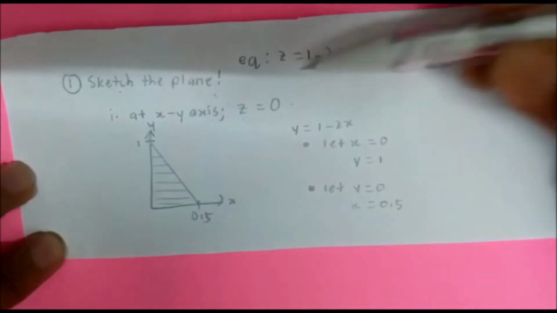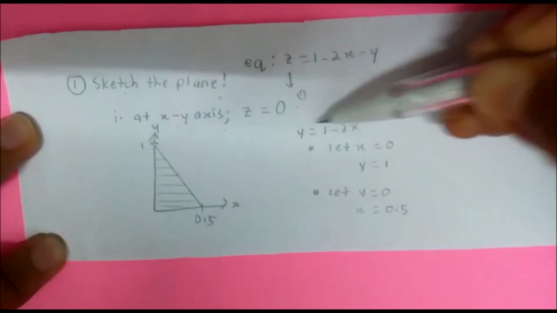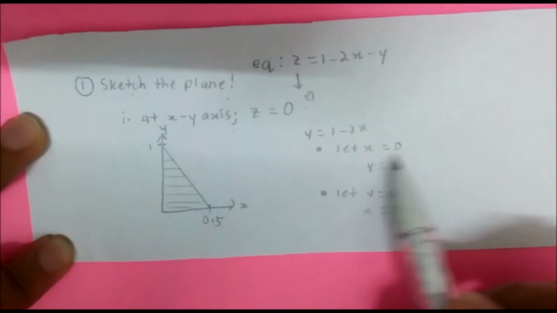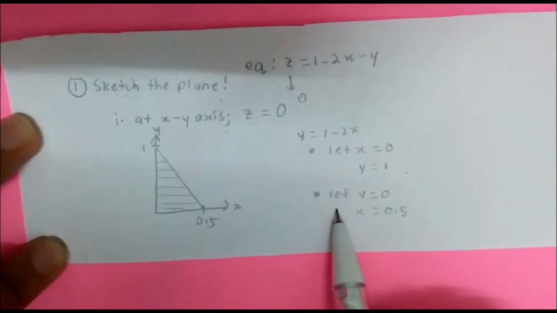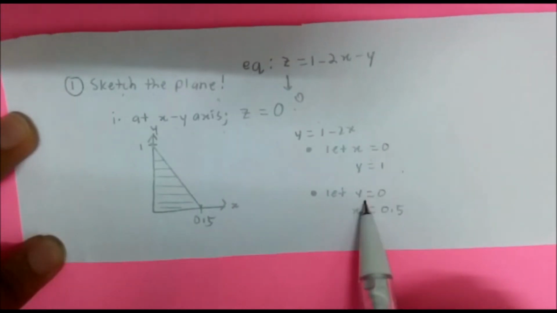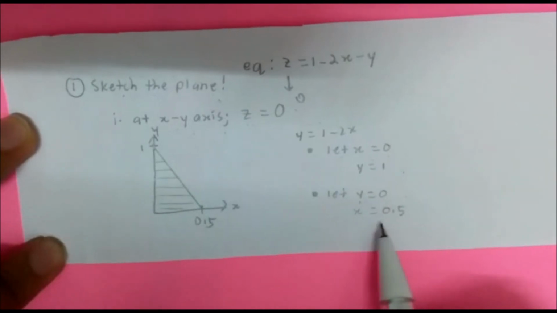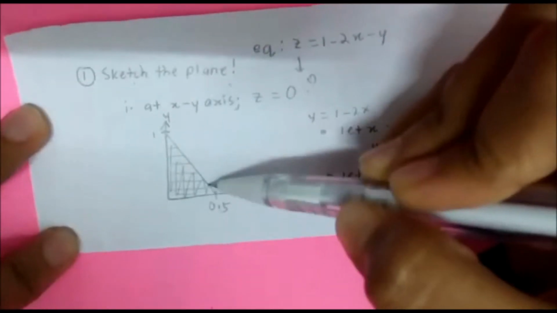If z equals 0, we get y equals 1 minus 2x. First, we let x equal 0 and we get y equals 1. And likewise, we let y equal 0 and we will get x equals 0.5. So this is for the xy plane.